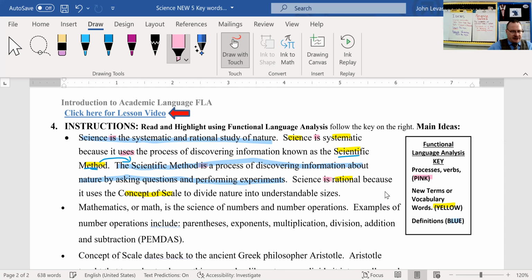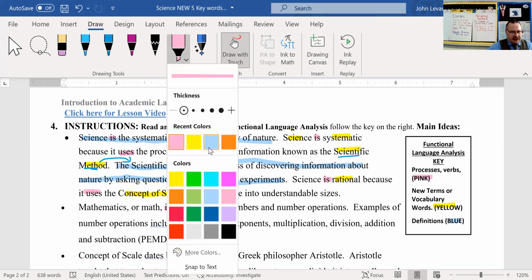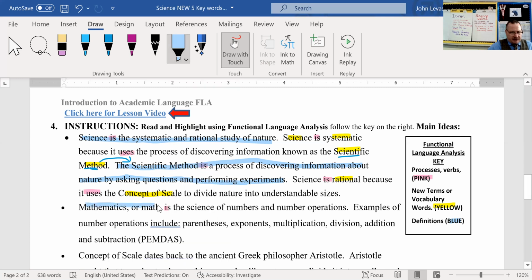Science is rational because it uses the concept of scale to divide nature into understandable sizes. Mathematics or math is the science of numbers and number operations. And that looks like a definition to me. Mathematics is the science of numbers. And like I said, I'm going to allow you to do the rest of that.